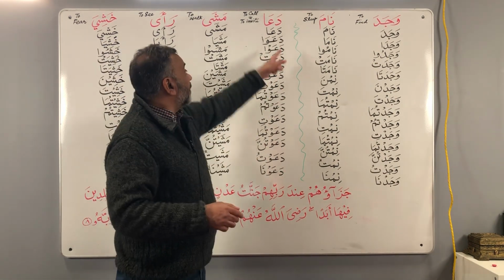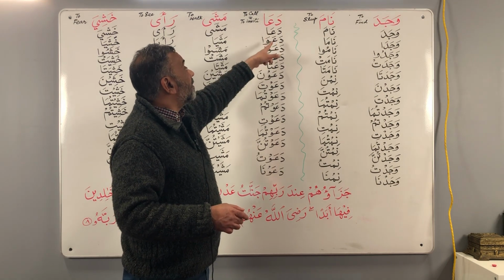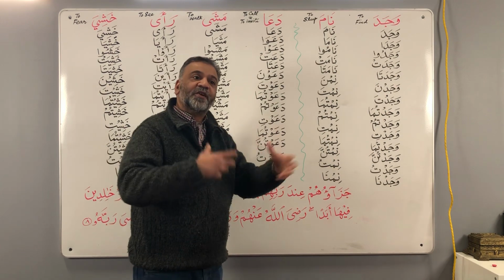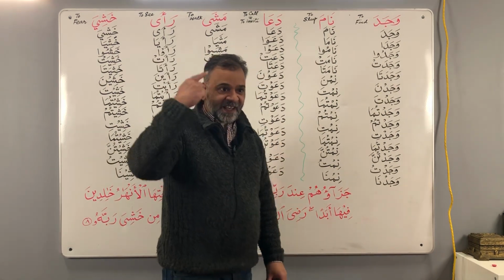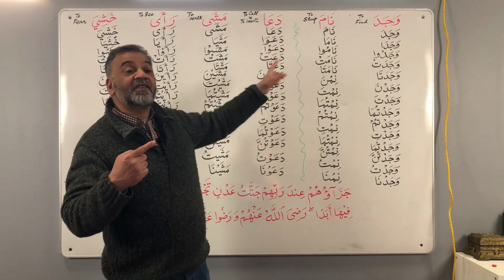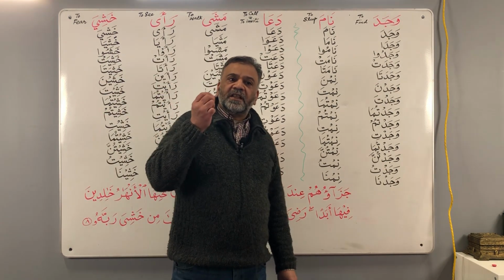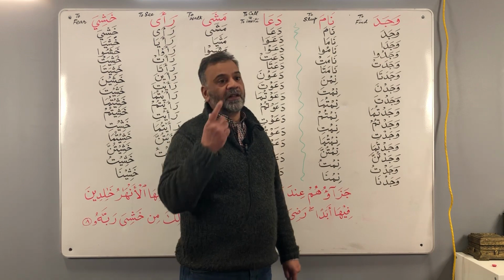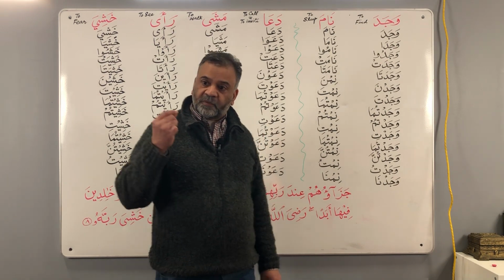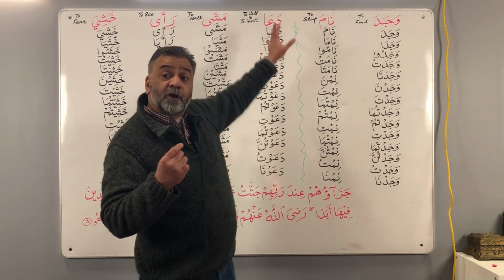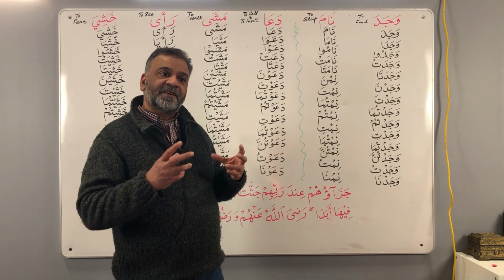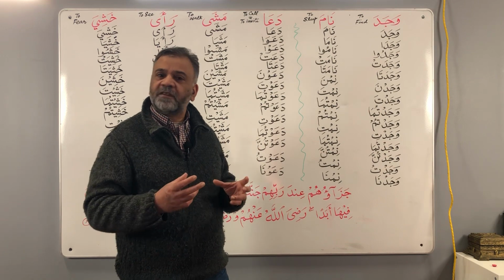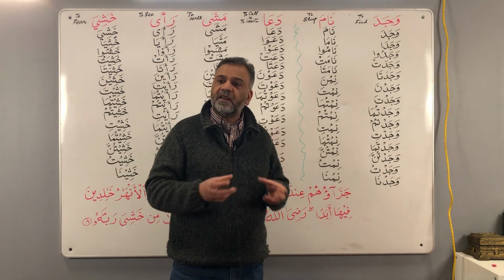Because if I say da'a, then it conflicts. So now we are going into how the grammarians thought about why it is da'awa. The Arabic language is a miracle of Allah subhanahu wa ta'ala. Who would have thought of such a scientific language where everything makes sense and can be explained?